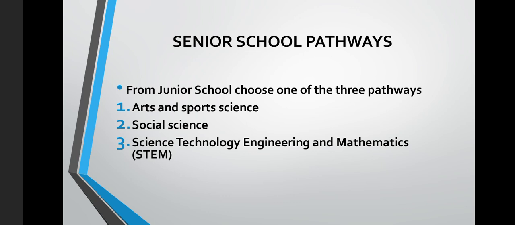And when you get there, we have three particular pathways that you can select and join. The first pathway is arts and sports science. The second pathway, we call it social science. And the third pathway, we call it science, technology, engineering, and mathematics, that we also call STEM.